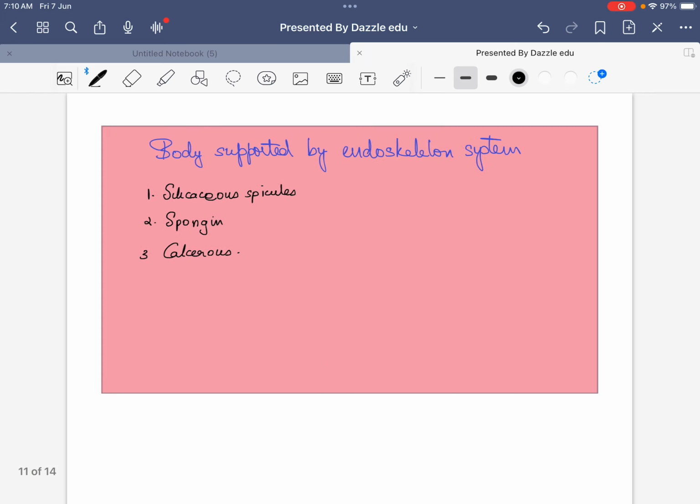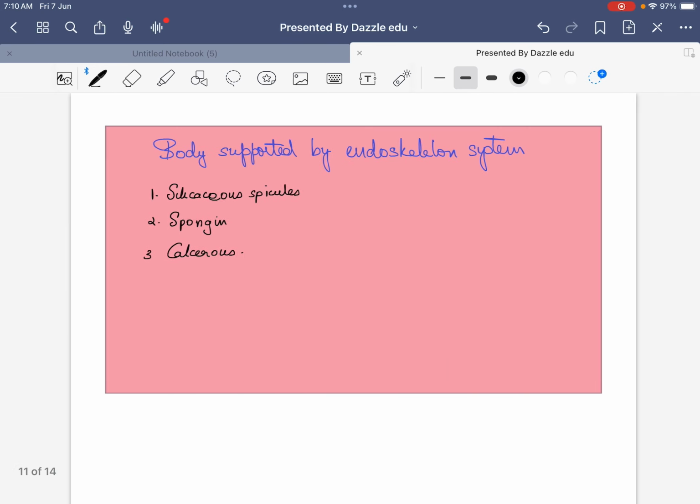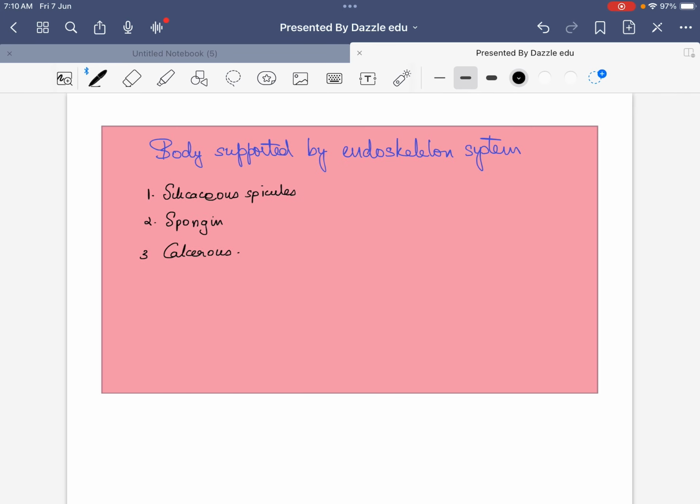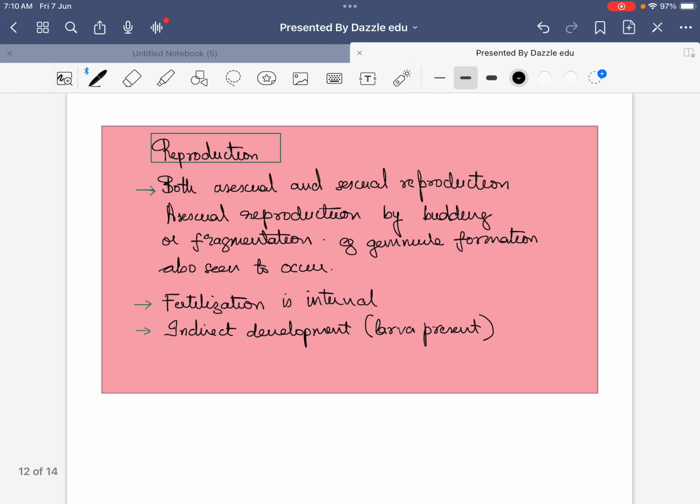Reproduction is also a very simple process they have. As we know, the poriferan body is supported by the skeleton system. They are made up of siliceous spicules, spongin fibers, or calcareous material. Reproduction, as we said earlier, includes asexual as well as sexual reproduction. Asexual reproduction can be done by producing an exogenous structure called budding, or an endogenous structure called the gemmule.